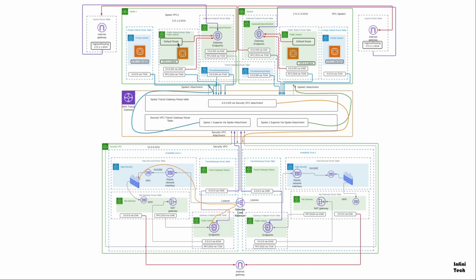In that case, the packet would be shipped to the security VPC via the transit gateway. The reason why is we have a default route pointing at the transit gateway. The traffic gets received by the transit gateway spoke route table. The spoke route table in the transit gateway has only one route that points at the security VPC attachment.